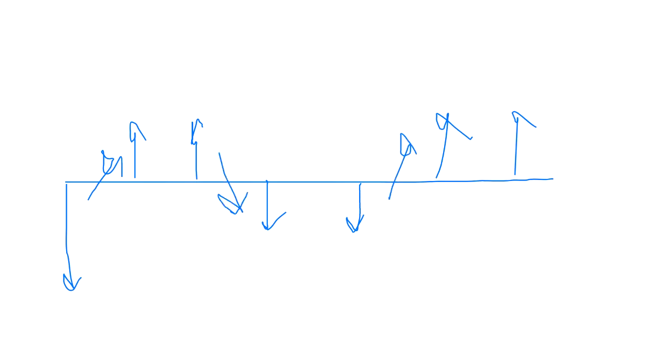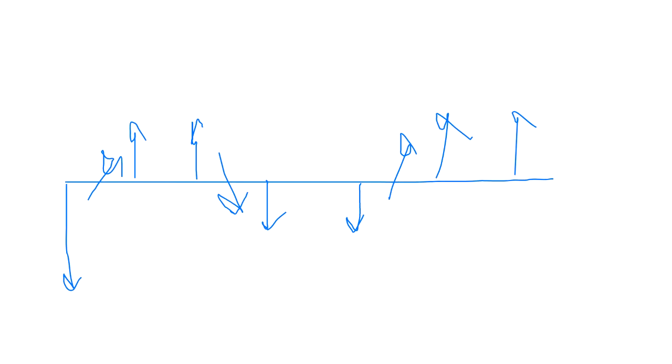There are 3 sign reversals. So if there are 3 sign reversals in a cash flow diagram, this means there may be 3 different interest rates that make the net present value equal to 0, which means the rate of return may have 3 different values. Maybe. I'm not saying that exactly 3 rates of return should be here, but there may be up to 3 different rates of return for a cash flow diagram like this.